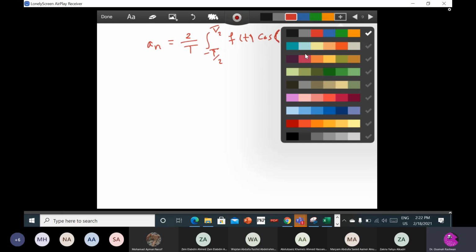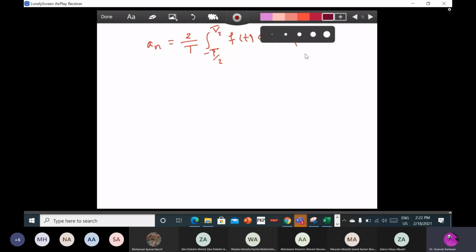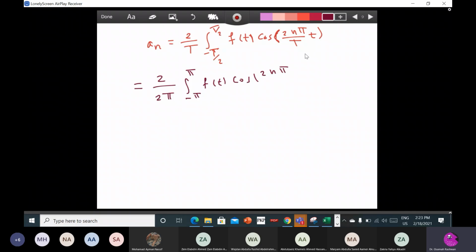Okay, fine. Let's see how it goes with this one. 2, our period is 2 pi, half, so it's minus pi to pi over 2 pi. My function I leave, cosine 2n pi over 2 pi t dt.